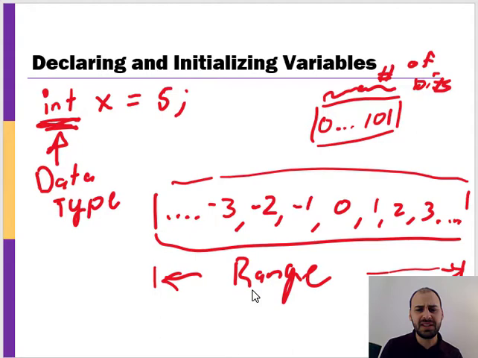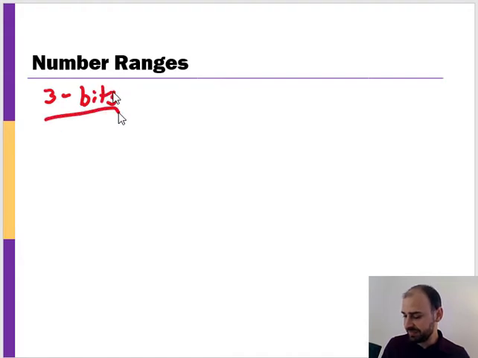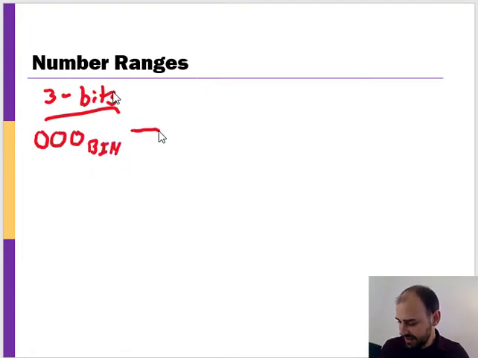First, on this topic of the range, let's think about what we mean by the range, and how can we define it in a mathematical sense. Let's take an example. Imagine that we're limited to 3 bits. We only have 3 ones and zeros. The smallest number we could represent in that case would be this in binary, and the largest number we could represent would be this in binary.